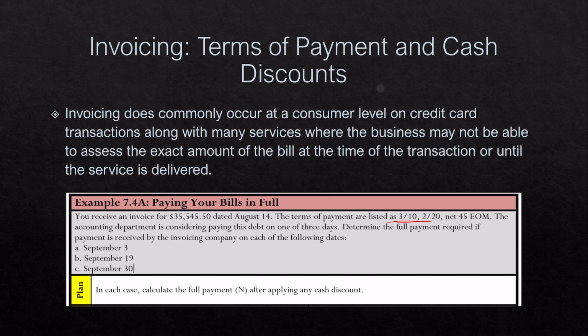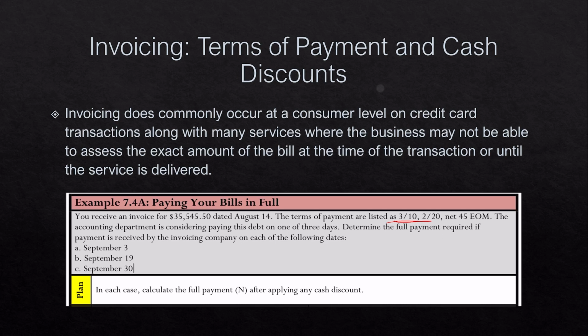So we are not able to get the 3% discount on September 3rd, because it's out of 10 days. But it is within the 2% discount period of 20 days, because 20 days is going to end on the 4th of September.